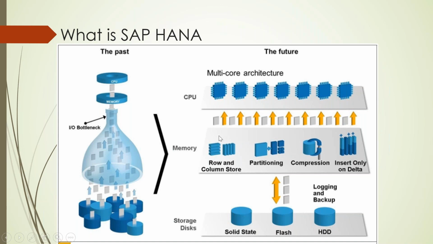The first, primary storage for HANA is the memory. Whatever operations we perform, like update, change, delete, are performed in the memory. The data changed in the memory is copied to the disk at regular intervals. I'll explain this later.